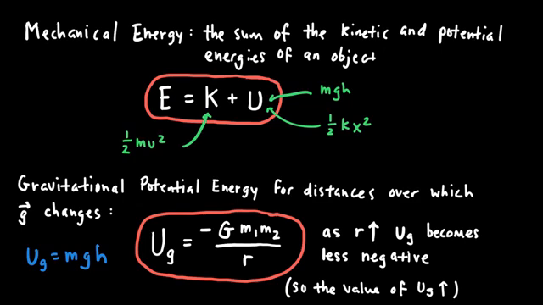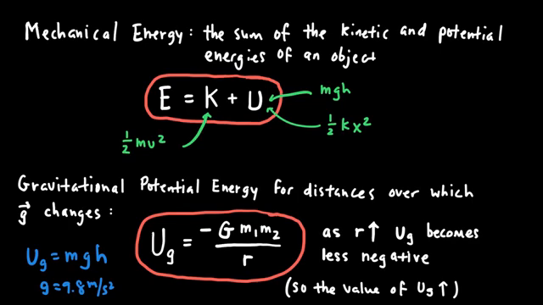Near the surface of the Earth, it makes sense to use that equation because we know that g is equal to 9.8 meters per second squared. But as I start to move further and further away from the Earth over large distances, the acceleration due to gravity is not constant, and so it would be nice to define a potential energy associated with any position independent of that value of g.